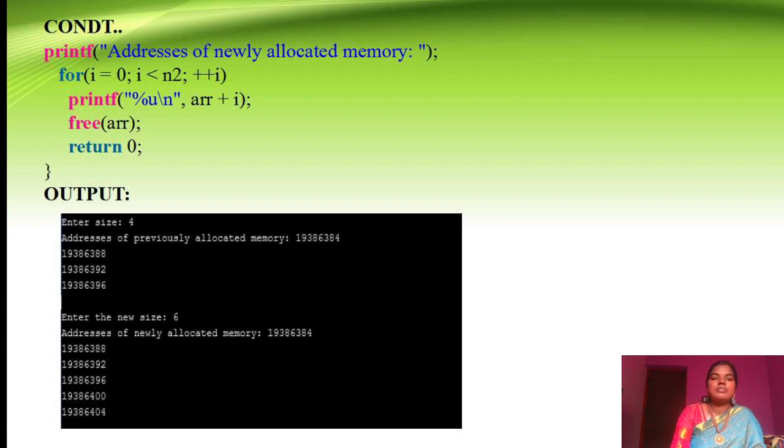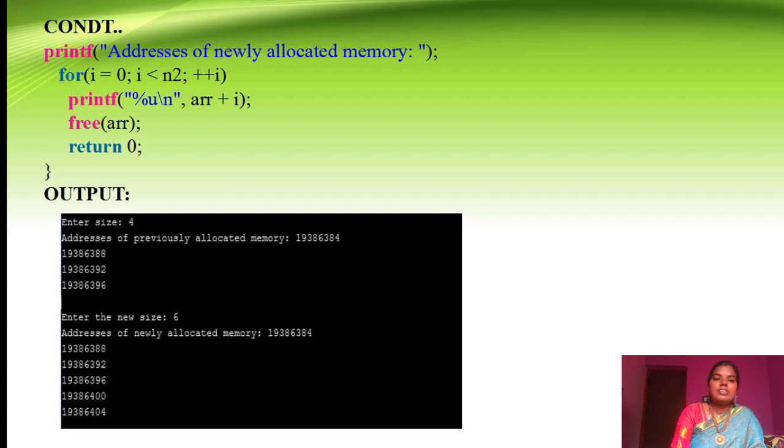Enter size 4. Addresses of previously allocated memory, 4 addresses displayed, that is 19386384, it depends on the system, and the second address is 19386388 and 19386392, 19386396. Like this the addresses of previously allocated memory will get displayed, and after reallocating, enter the new size 6.